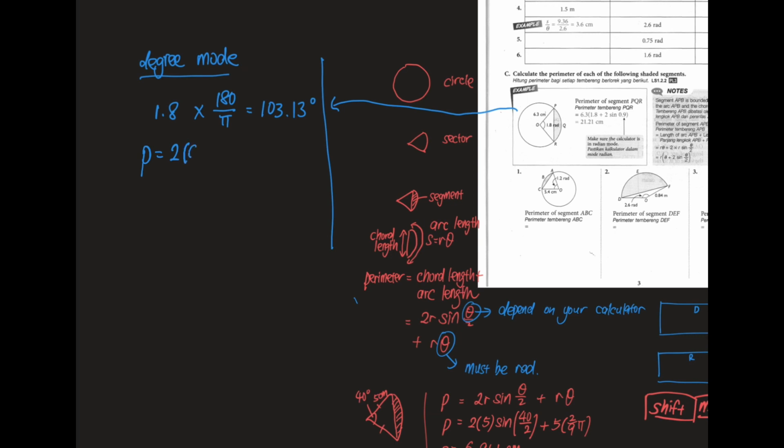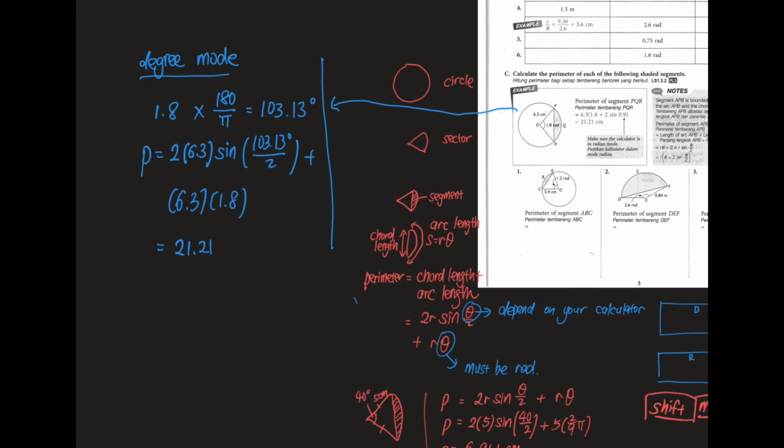Parameter equals 2r sine, theta in degree over 2, plus r, and now the theta must be radian, 1.8. Then at the end, you will still get the same answer, 21.21.